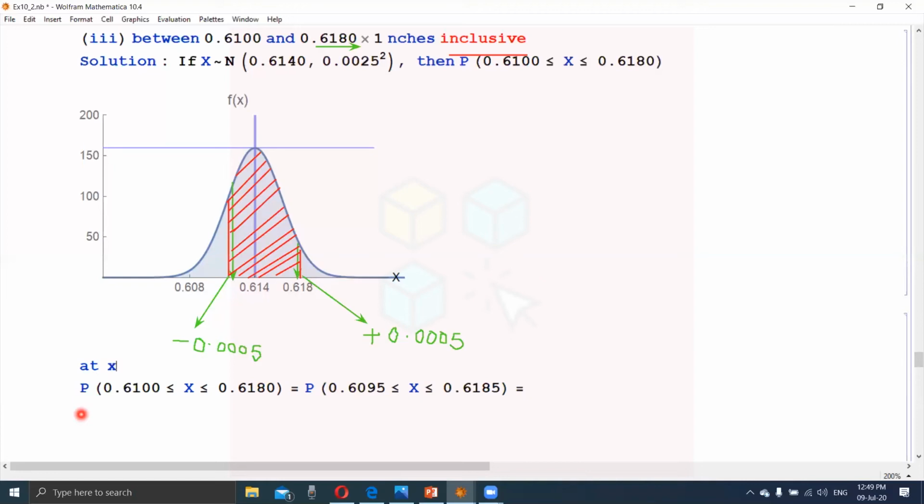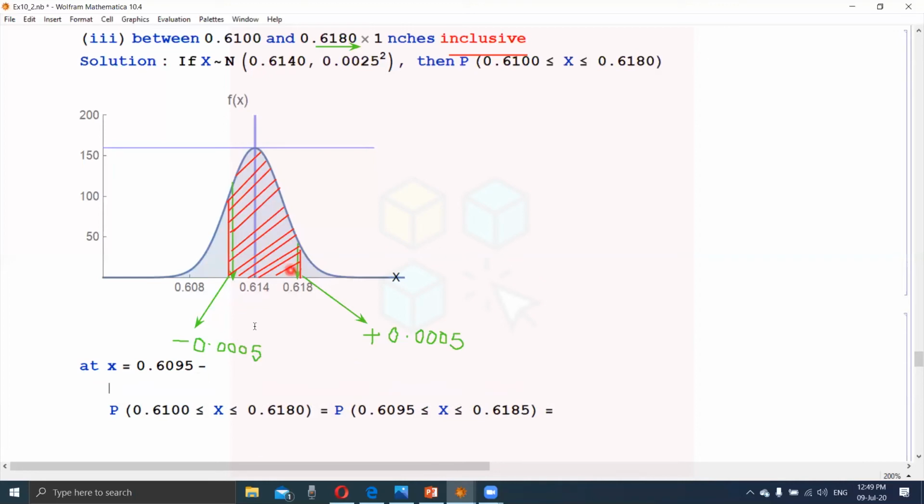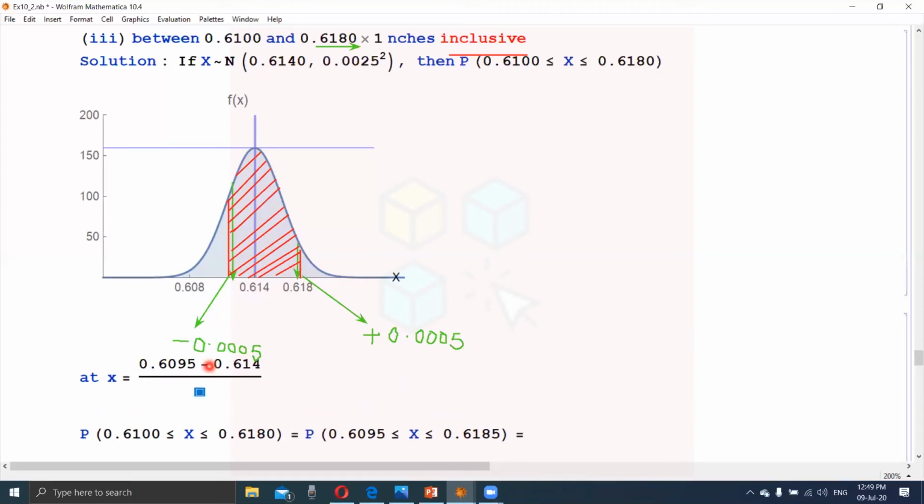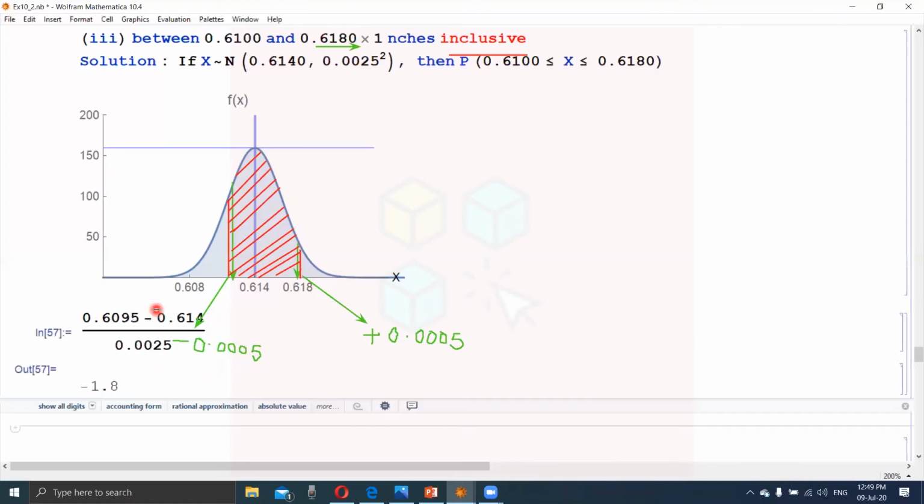So at x equal to 0.6095, z would be minus 1.8.